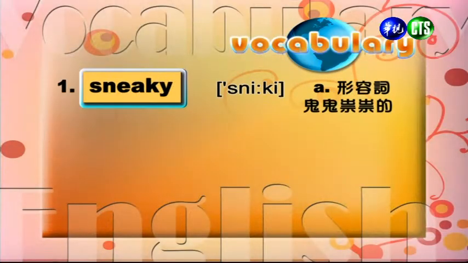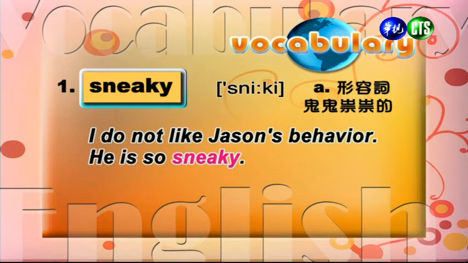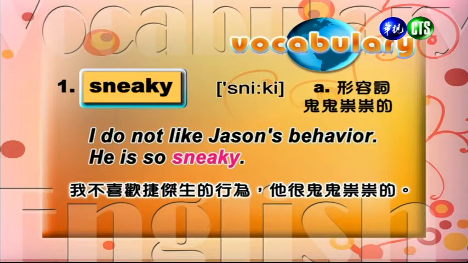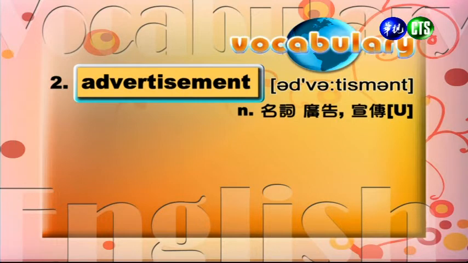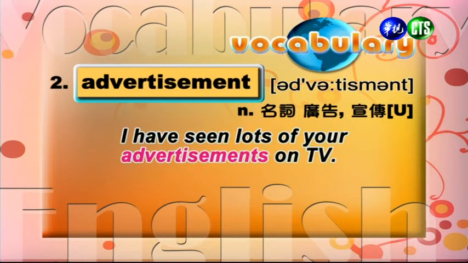Now let's take a look at some of the vocabulary. Number 1, sneaky, adjective. 形容词，鬼鬼祟祟、偷偷摸摸的。 I do not like Jason's behavior. He's so sneaky. Number 2, advertisement, noun. 名词，广告、宣传。 I have seen lots of your advertisements on TV.